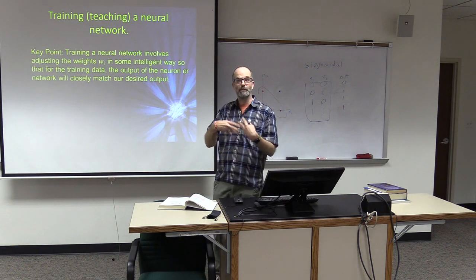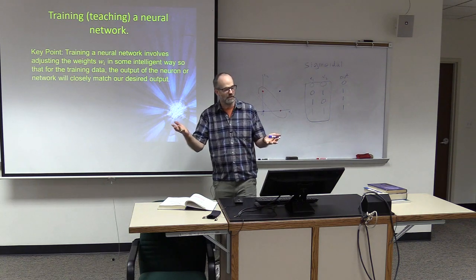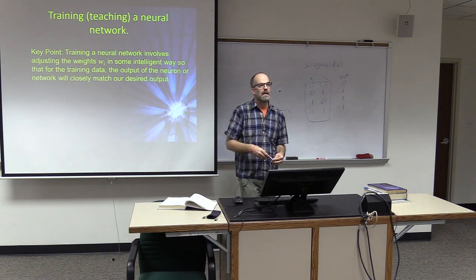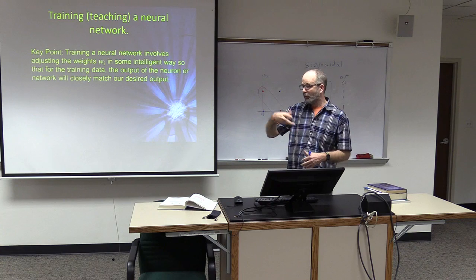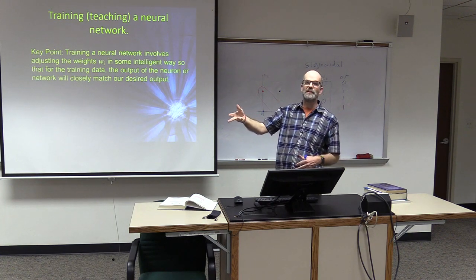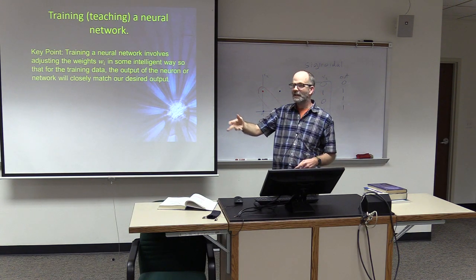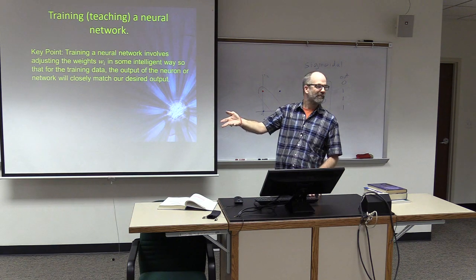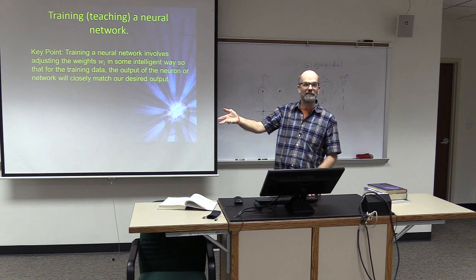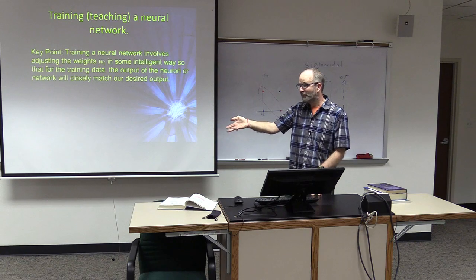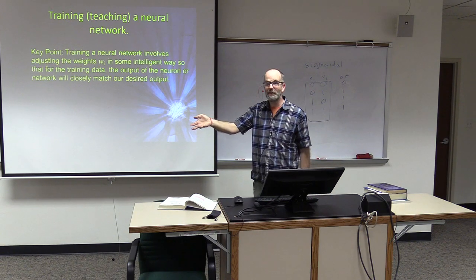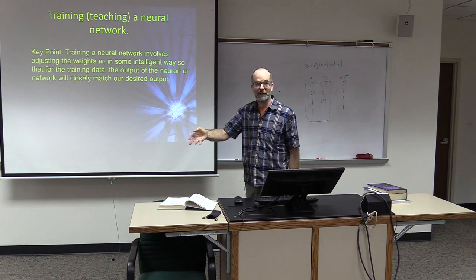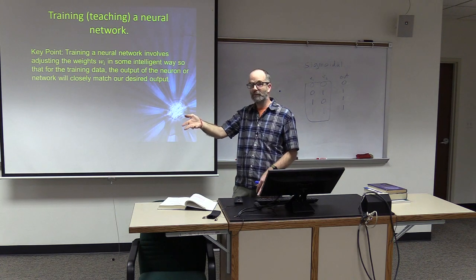If the pixel is blue, I output a 3, just as an example. And then I present to the network red things. I say, here's something red, and for this, your output should be 1. Here's a green thing. For this, your output should be 2. And here's a blue thing. For this, your output should be 3.